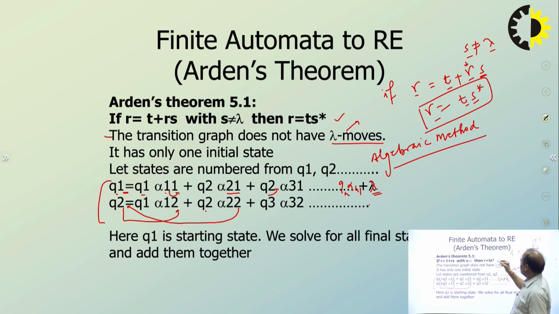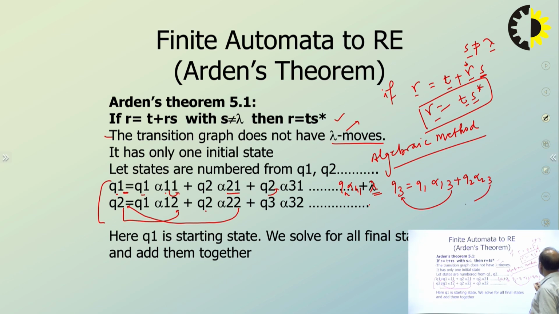Same thing, if you are interested in Q3, how to write? Q3 will start with Q1 alpha 13, since we are interested in going to 3, plus Q2 alpha 23, and Q3 alpha 33, and so on up to Qn alpha n3.